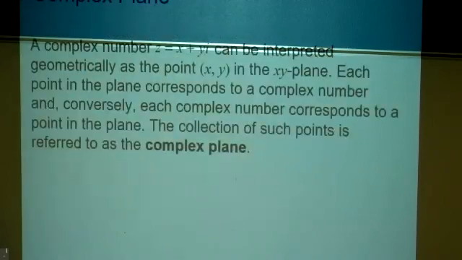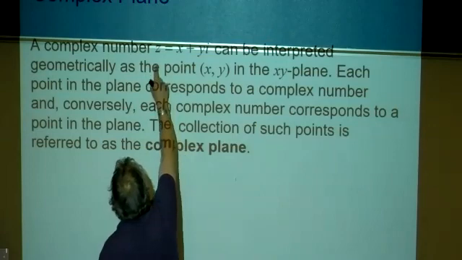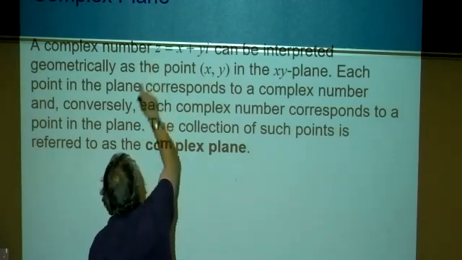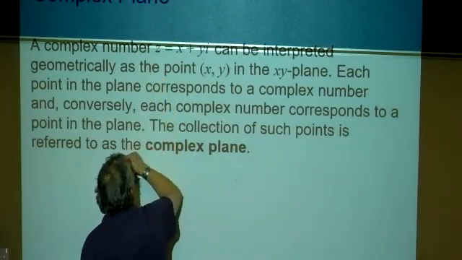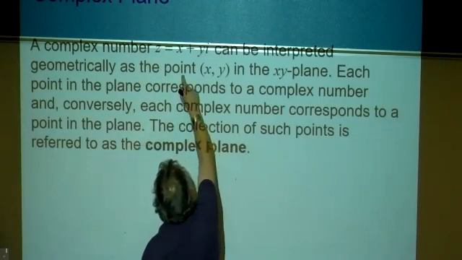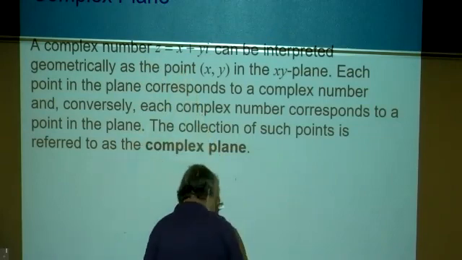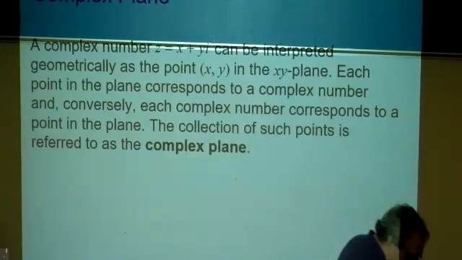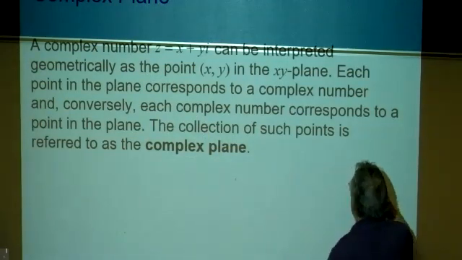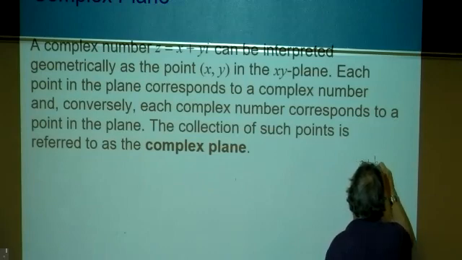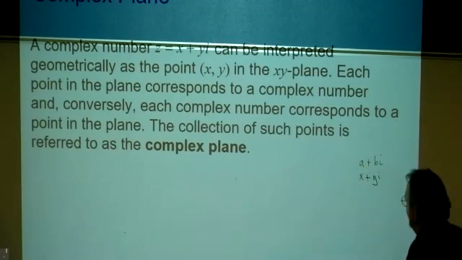Okay. So for a complex number z, we use the variable z for complex numbers. When you're first introduced to complex numbers, we talk about it being in the form a plus bi, but we can also write it this way, x plus yi.